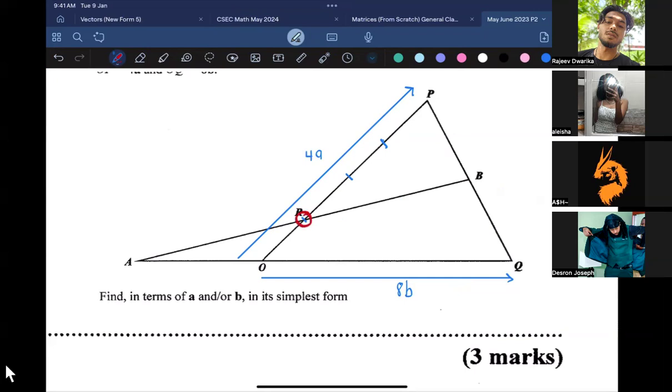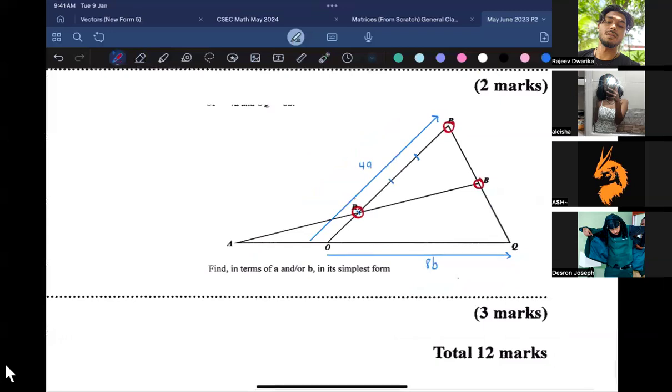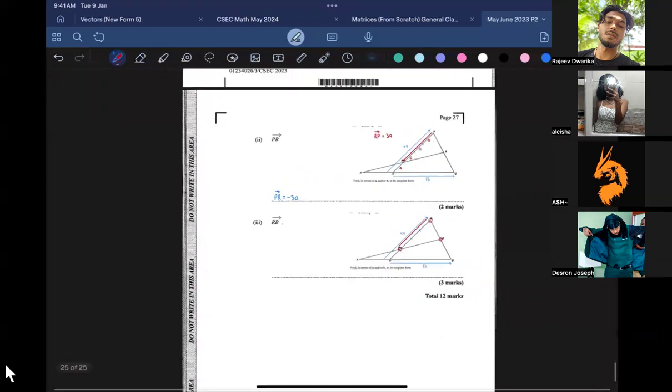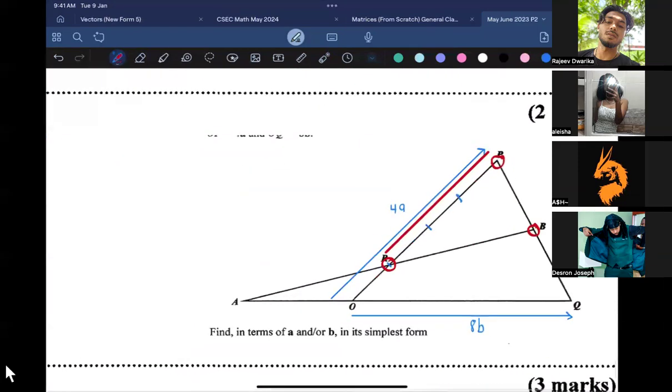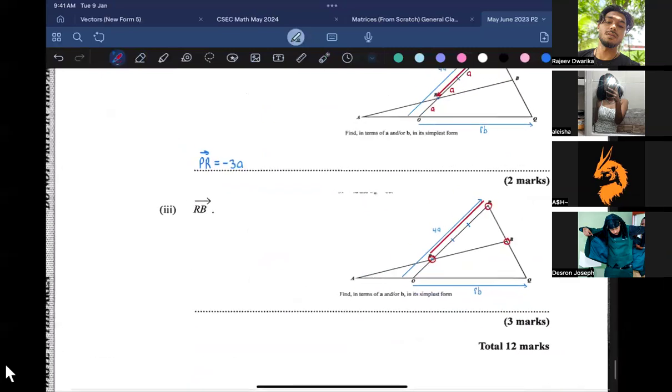And from R, I go to P and then B. So you want me to go from R to P and then P to B? I mean, you could go from R to B straight one time. I can't do that. So then you do R to P, then B. Yeah, you gotta do that. So R to P and then P to B.